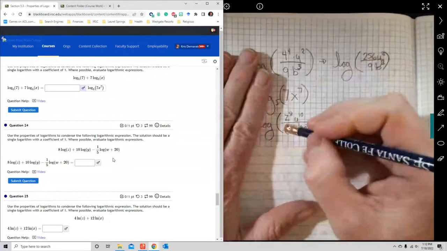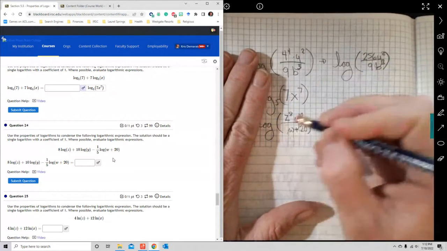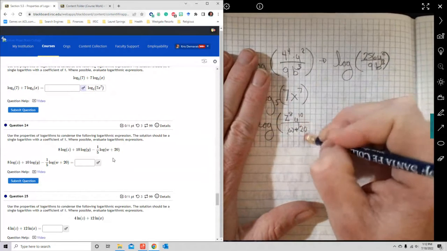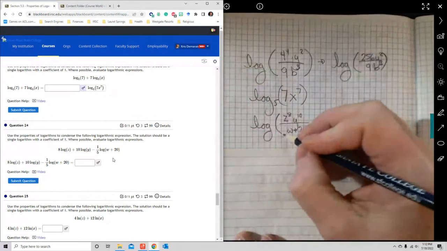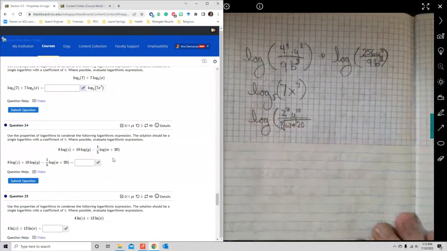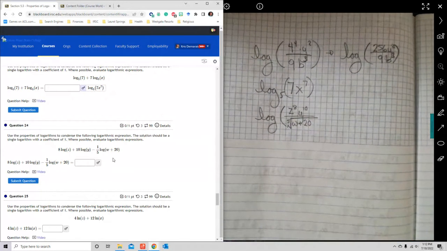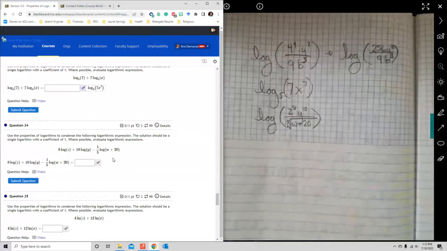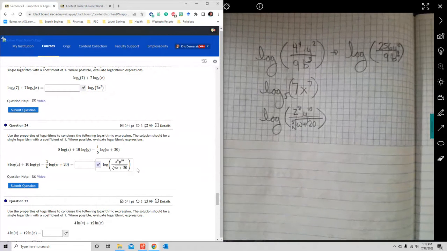Or I could simply take it to the 1/5 power, it won't be wrong. But since we know that this is the 5th root of, I'm going to just put 5 right here, and it makes it real simple. And then, of course, I close my parentheses. So that's my answer.